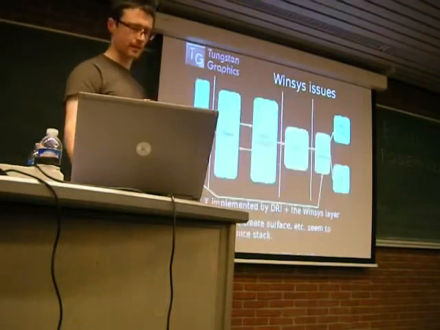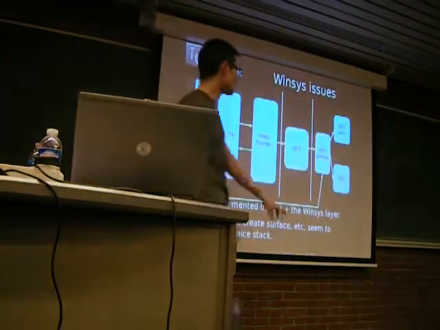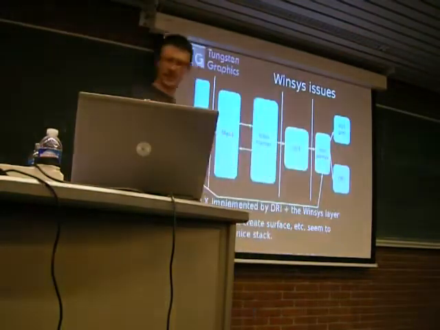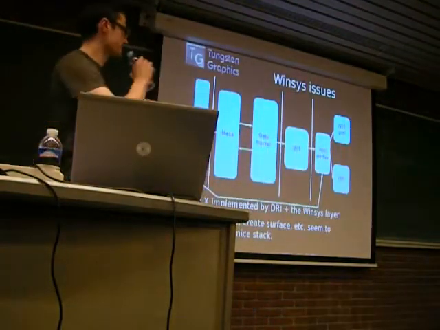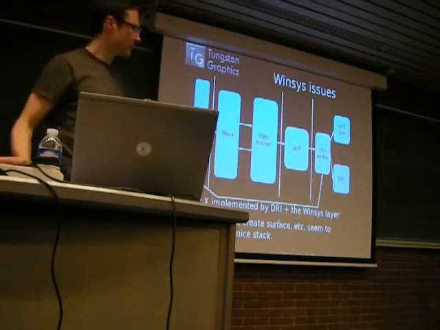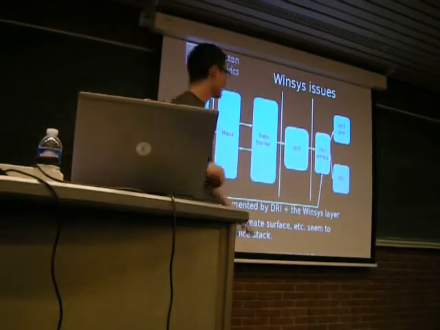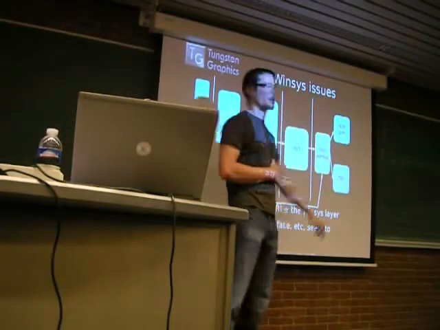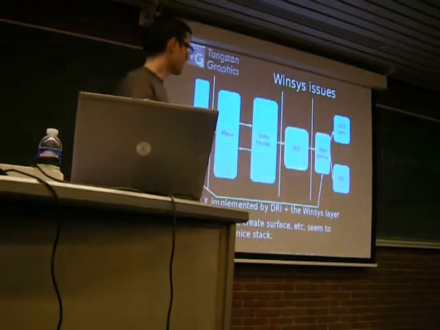So that WinSys thing. This has basically been the subject. Probably most of the evolution is happening here, and that's a little bit surprising because of all these boxes, this is actually a very small piece of code. This is 3,000 lines of code, I think, in the current repository.